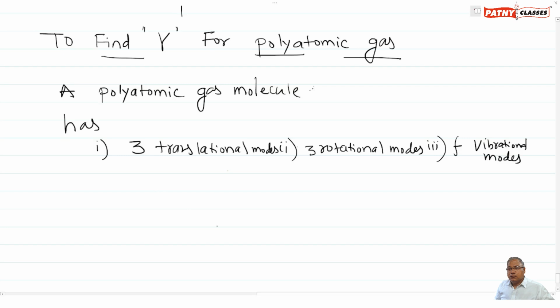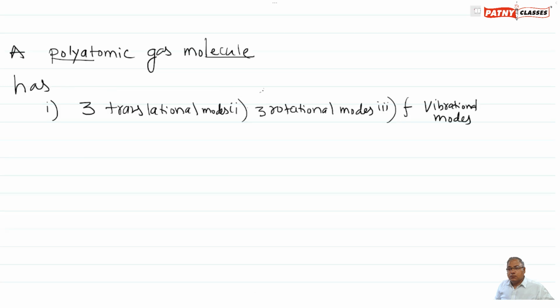Now we have to find gamma for a polyatomic gas. A polyatomic gas molecule has 3 translational modes, 3 rotational modes, and F number of vibrational modes.